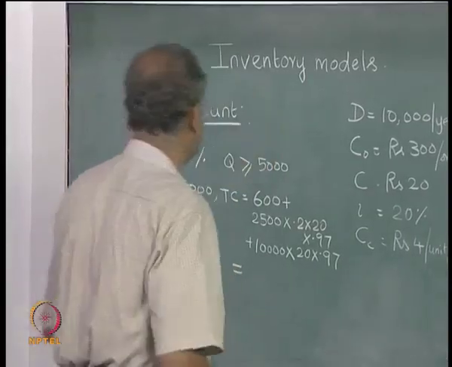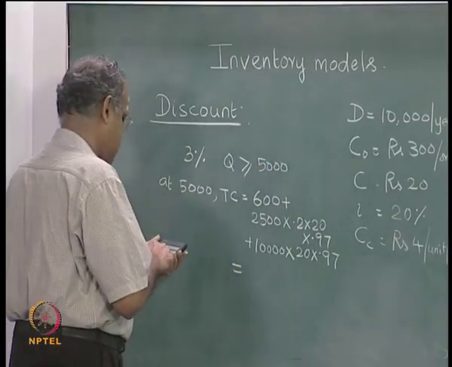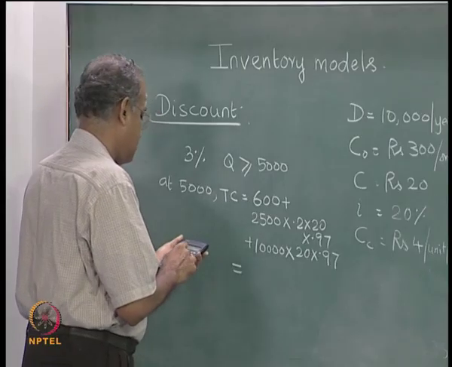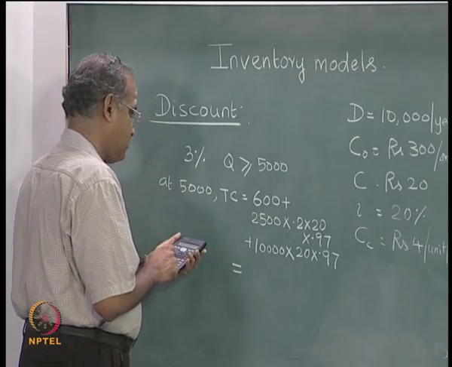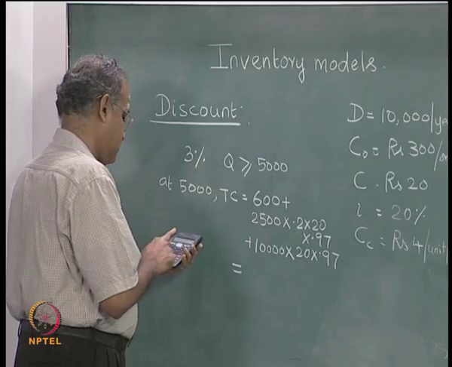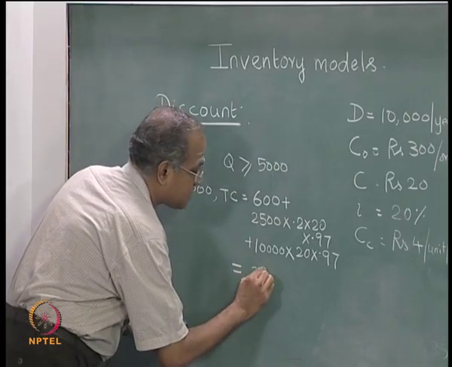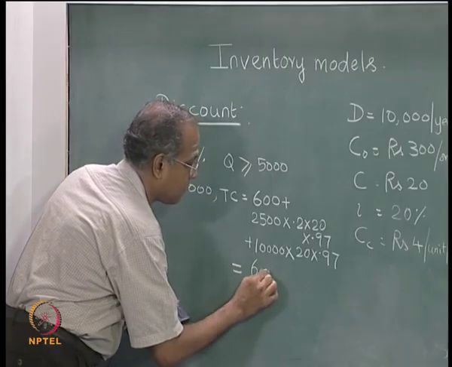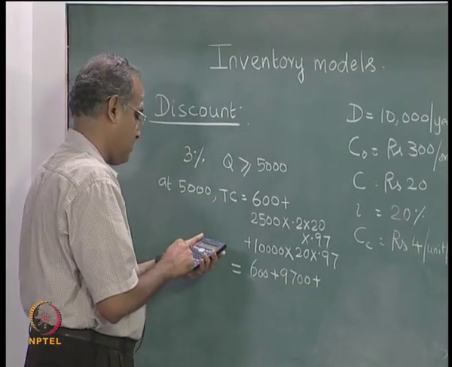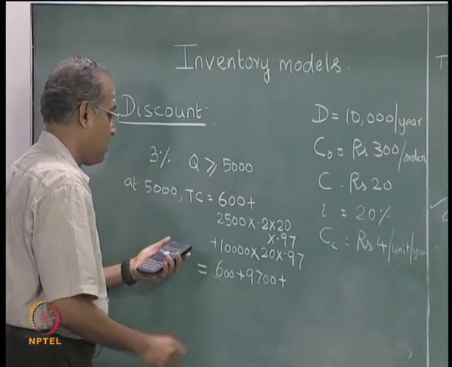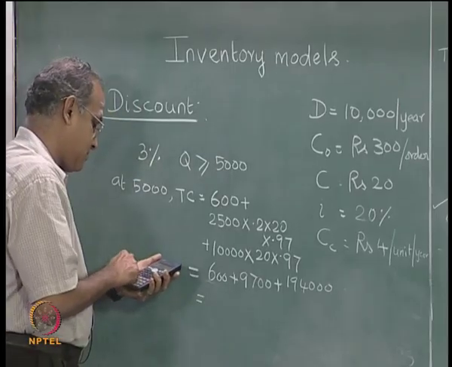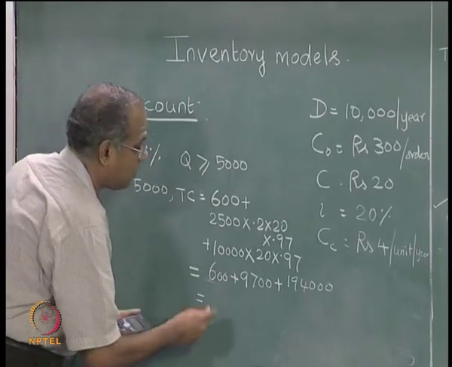So, this will become, the first one is 600 plus 9700 plus 194000. So, this is 204300.